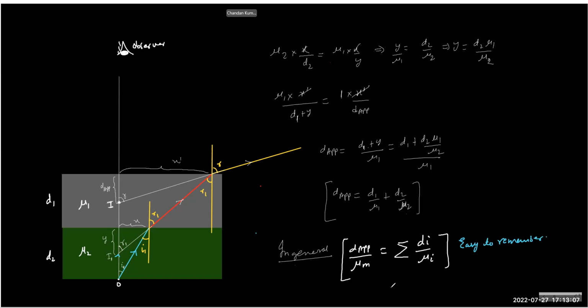So this was the refraction from the plane surface, and the apparent depth formula should be applied only when the refracting surface is flat.